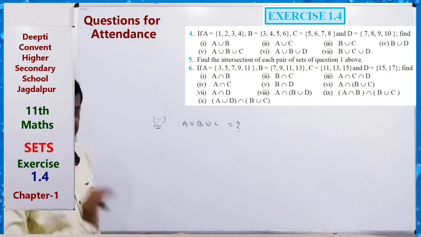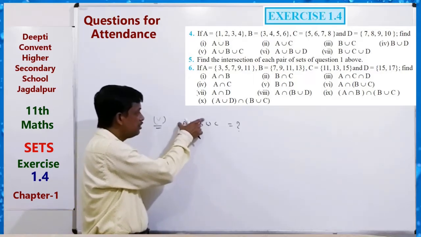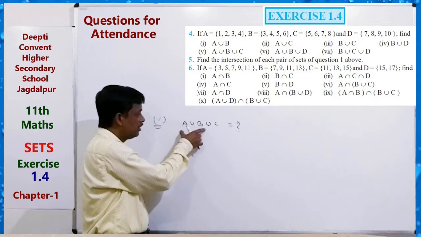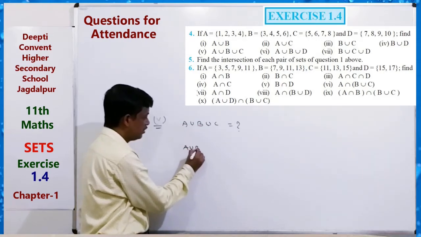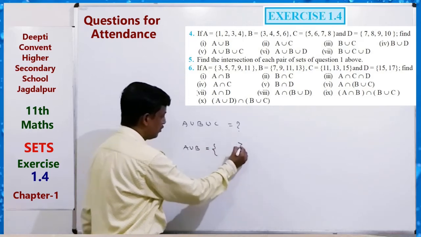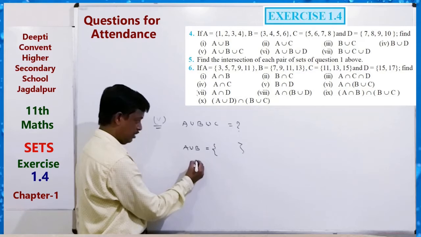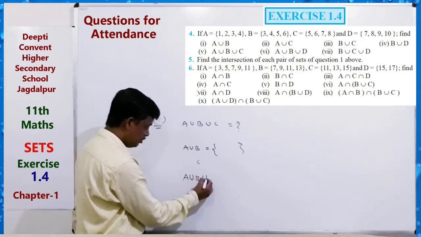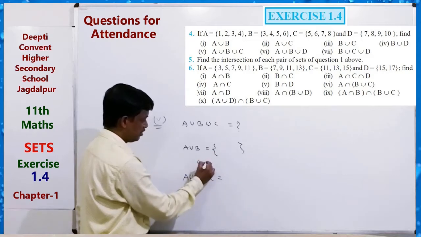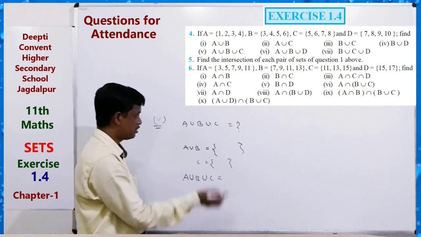For writing, first of all, we can find A union B, the value of A union B, and then this is a single set, and we also have C. So we can find A union B union C by using these two sets.